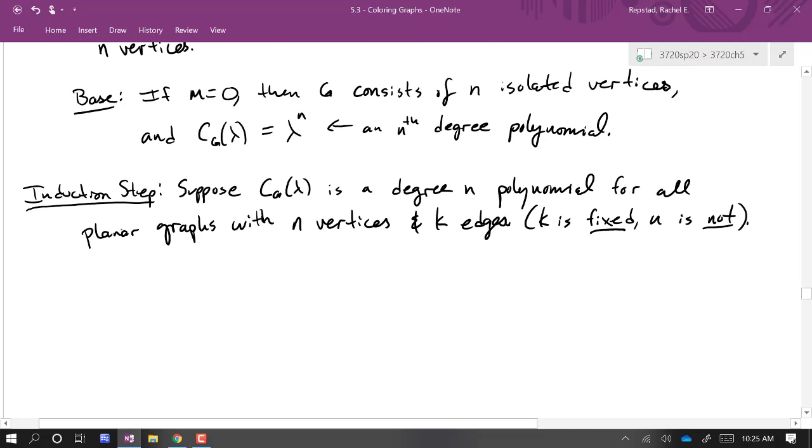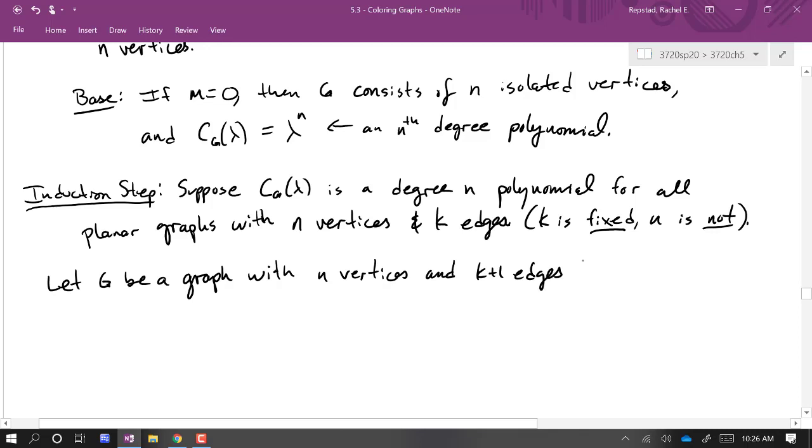So let's let G be a graph with n vertices and k plus 1 edges. We want to show that its chromatic polynomial is degree n.